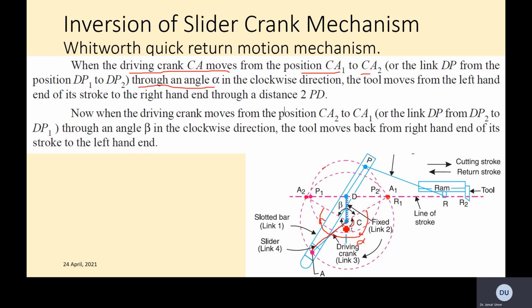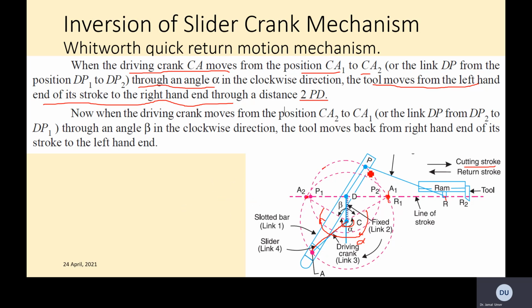So this is what is written here, alpha as well. In a clockwise direction, the tool moves from left hand end of a stroke to right hand end through a distance of 2 pd. So during this movement, the tool moves from left to right, basically, which is a cutting stroke, and it moves right through a distance of 2 pd.